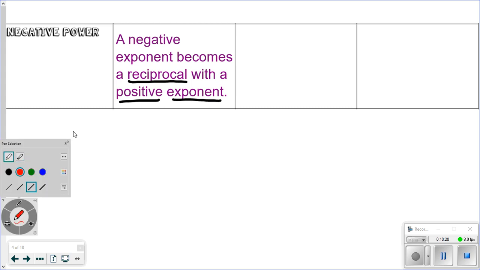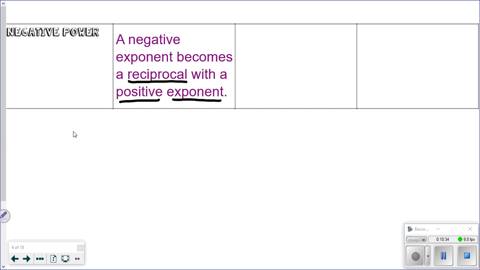So, for example here, if I have a with a negative exponent, it's not allowed. Currently, it's like in the numerator of a fraction.